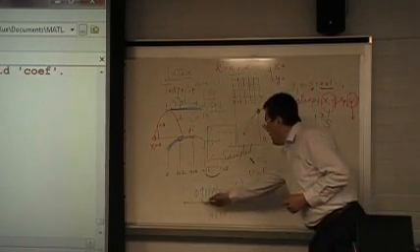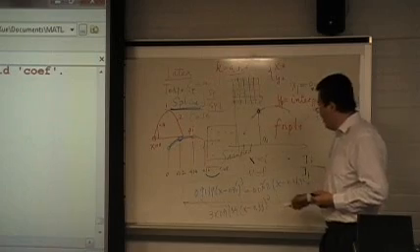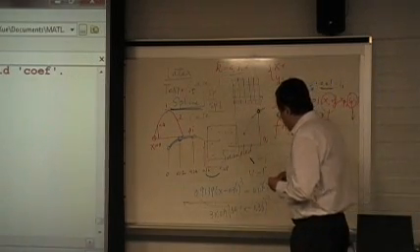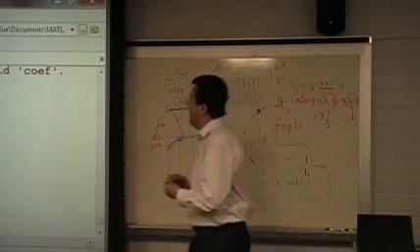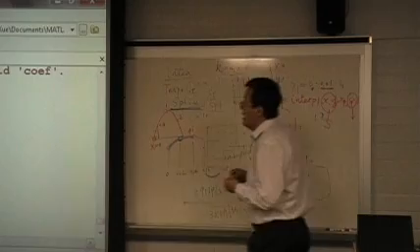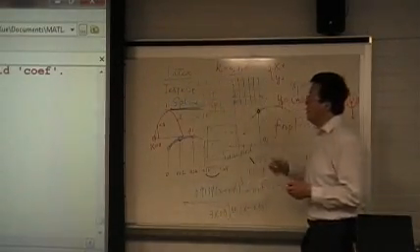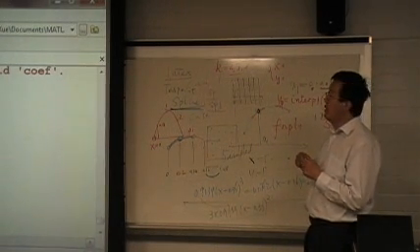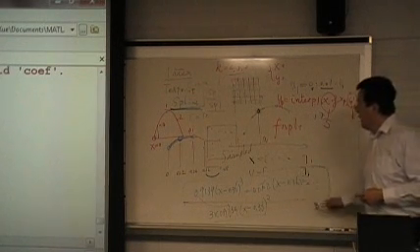So if you take first order derivative of the cubic function, you will have a second order function. If you take a second order derivative of it, what you are left with is the linear form. And if you take third order derivative, what you obtain is the constant. So you cannot take higher order derivatives of the cubic spline functions.